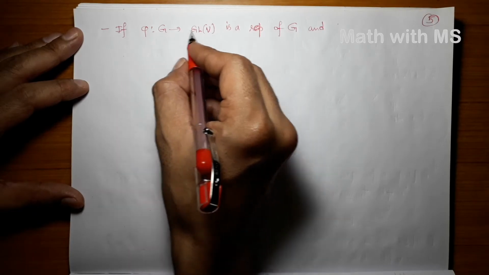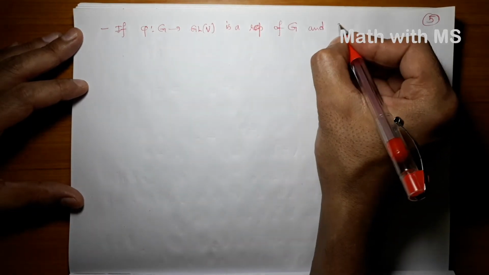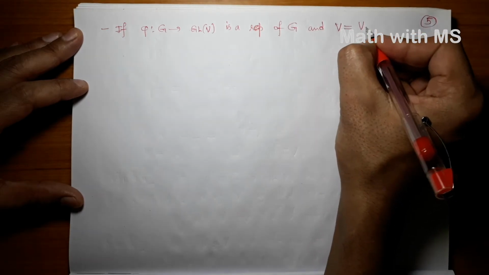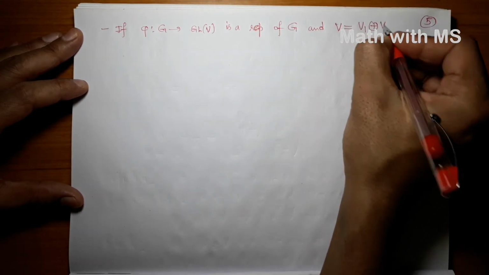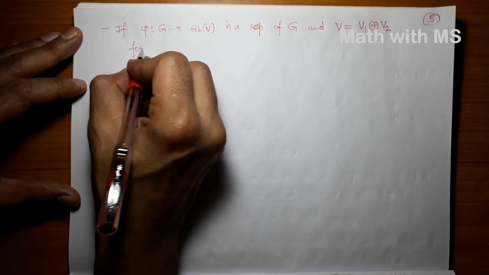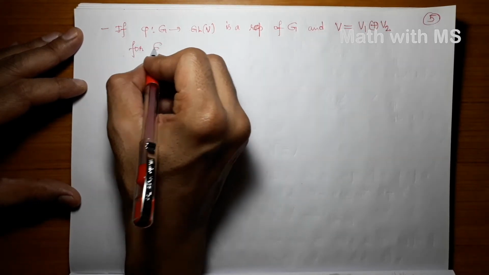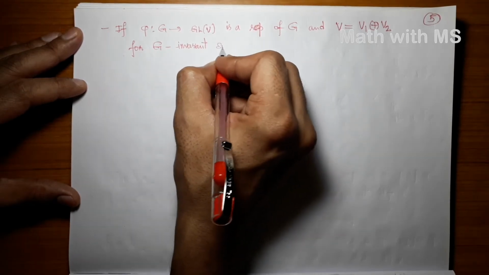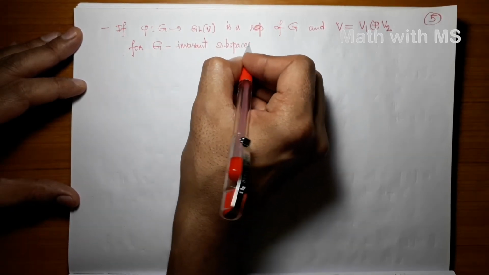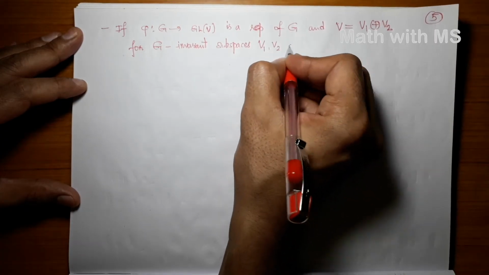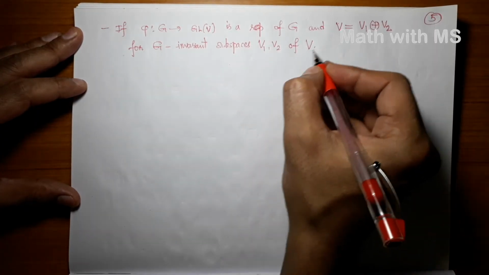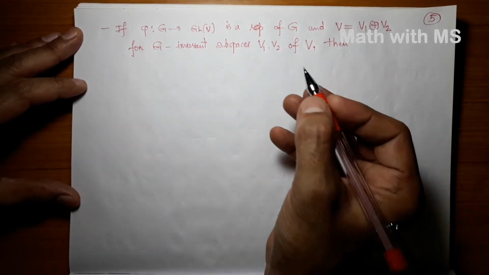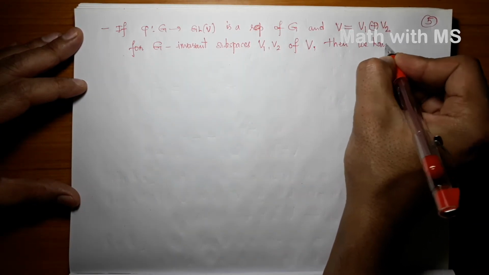If phi from G to GL V is a representation of G and your vector space V can be written as V1 direct sum V2 for G-invariant subspaces V1, V2 of the vector space V, then we have two sub-representations.